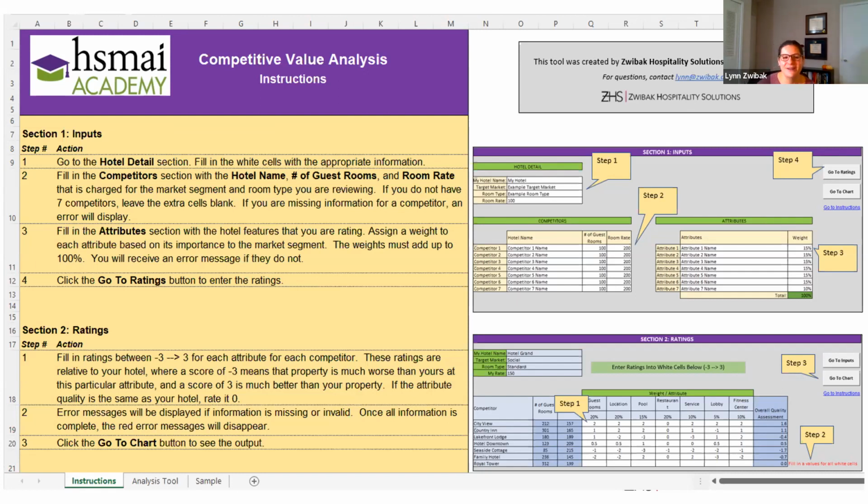But for now, we can skip this screen. The analysis tool tab, that's where we're going to go next. And then the sample is just a visual of a completed tool if you want to see what it's supposed to look like when it's all done. But we're going to spend our time in this middle tab, analysis tool.